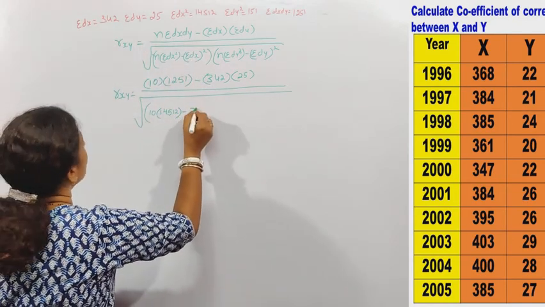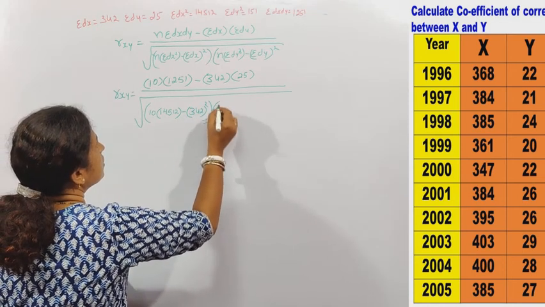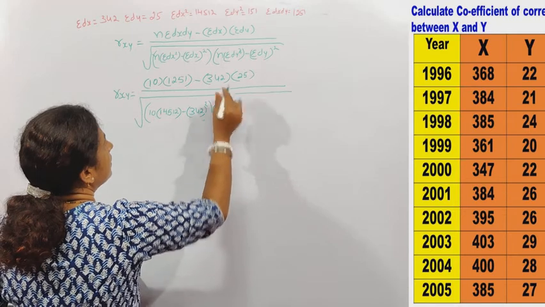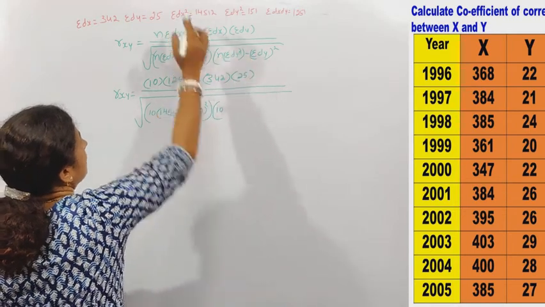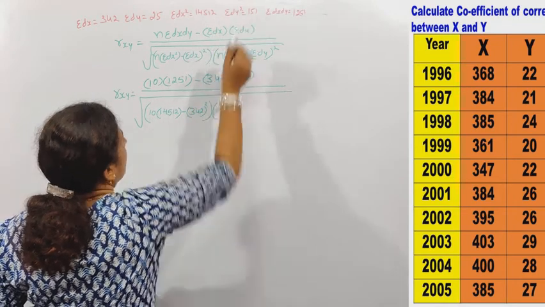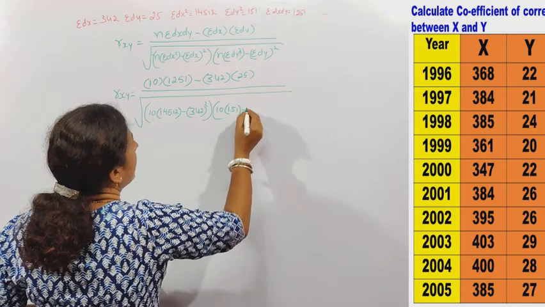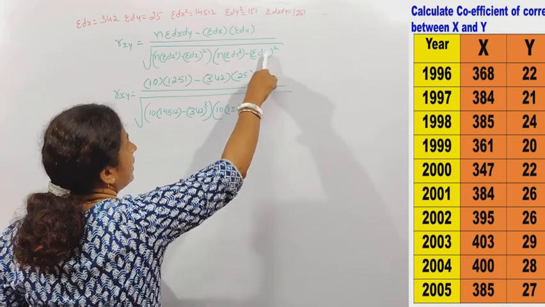342 whole square. Next n, 10, into sum of dy square, 151, minus sum of dy whole square.